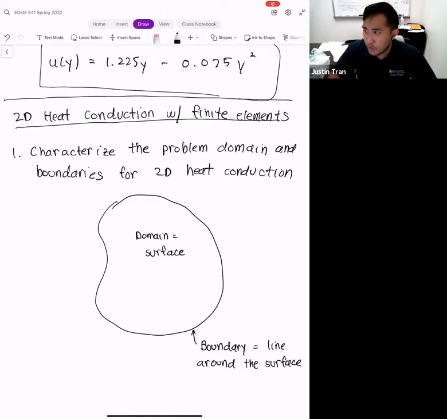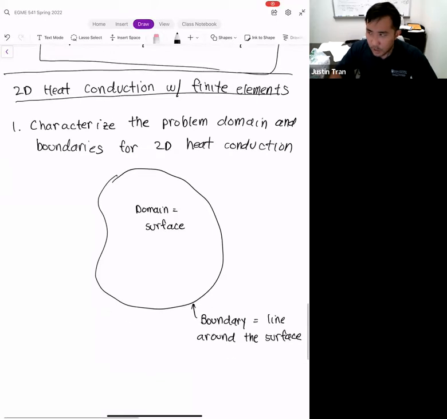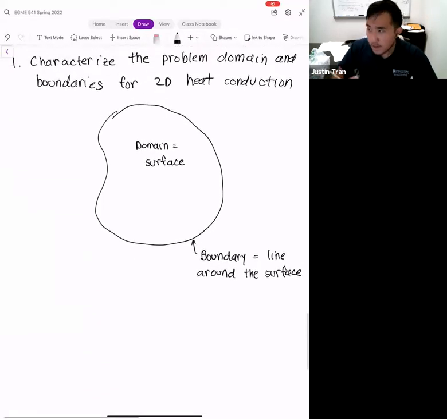For solving 2D finite elements, our domain is a 2D entity. The boundary is always going to be one dimension less than the domain. So if our domain is 2D, then our boundary is going to be 1D.